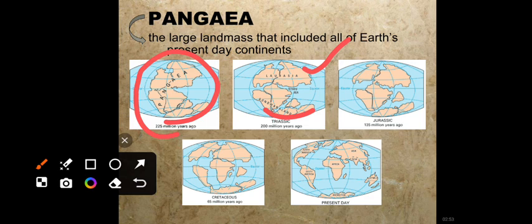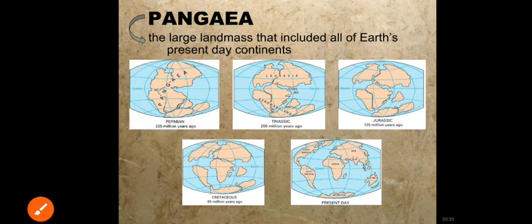The southern part, Gondwanaland, broke apart to give us South America, Africa, Australia, and Antarctica. This theory has been accepted because he provided empirical evidence to support it. So let's continue.